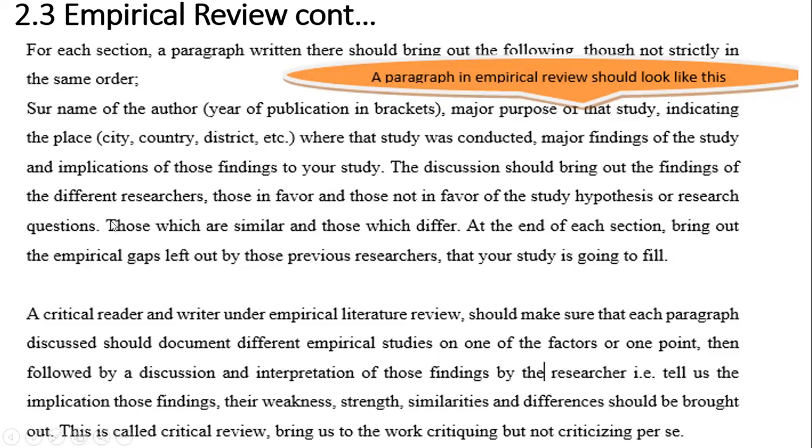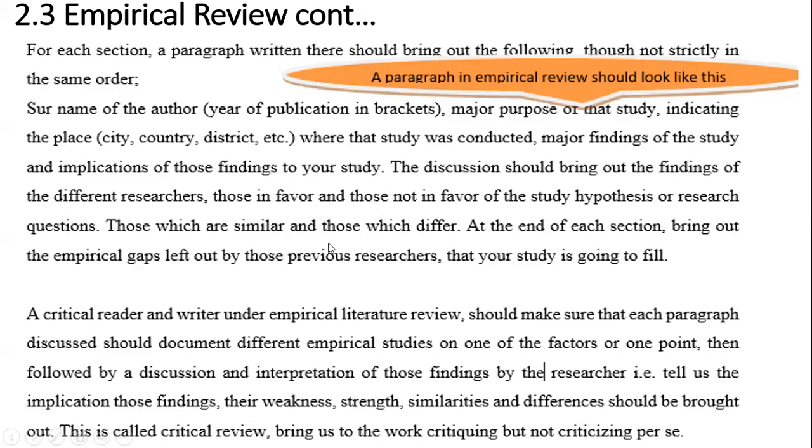So when you are presenting these findings, it would be better that the findings which speak the same language are presented together, and those which are different are presented together. For example, if a paragraph is presenting findings with positive relationship, you show it.